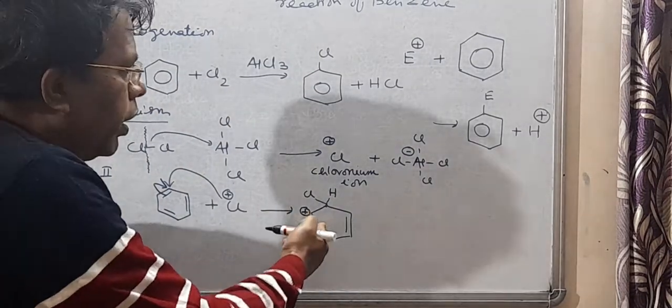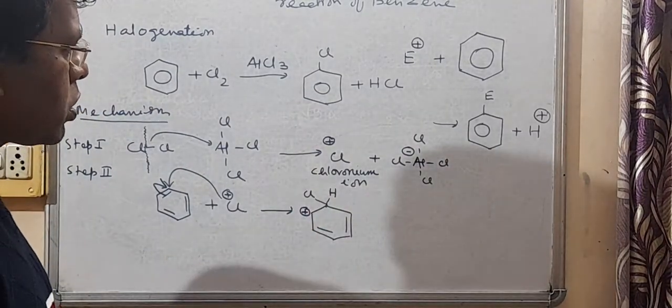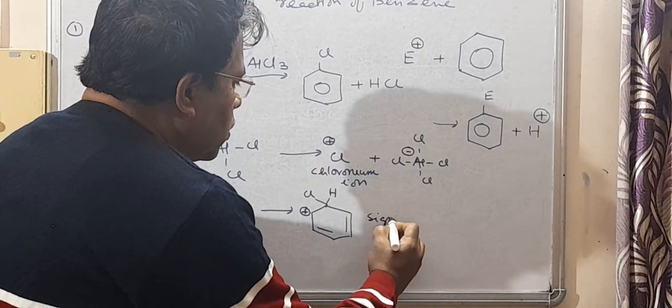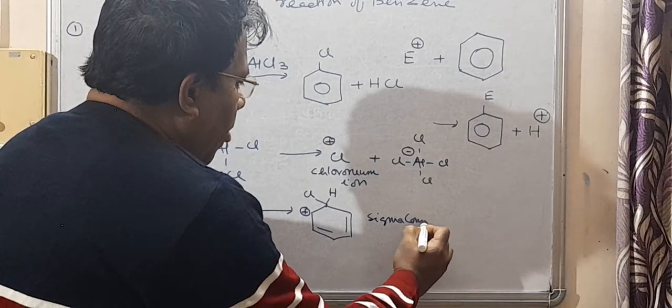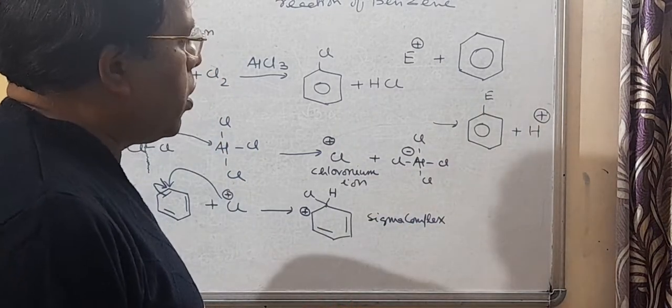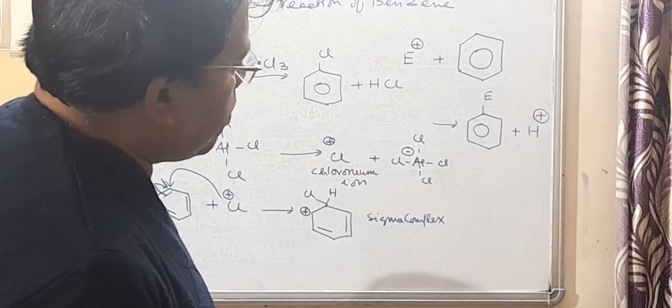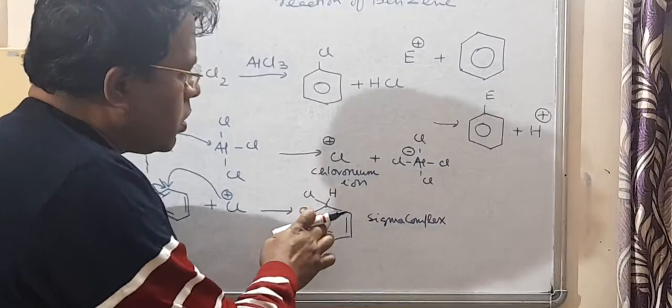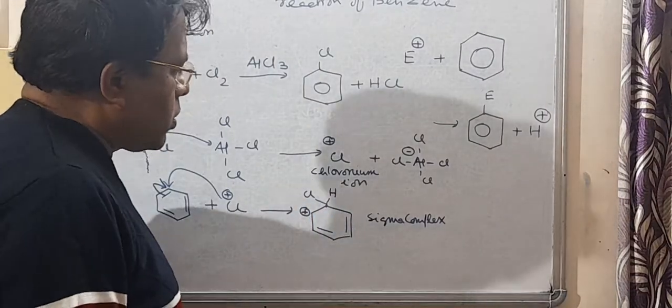So this is an intermediate, and this intermediate is called a sigma complex. Like we have discussed the carbocation intermediate, carbanion intermediate, and free radical intermediate, this is another intermediate, which is called a sigma complex.